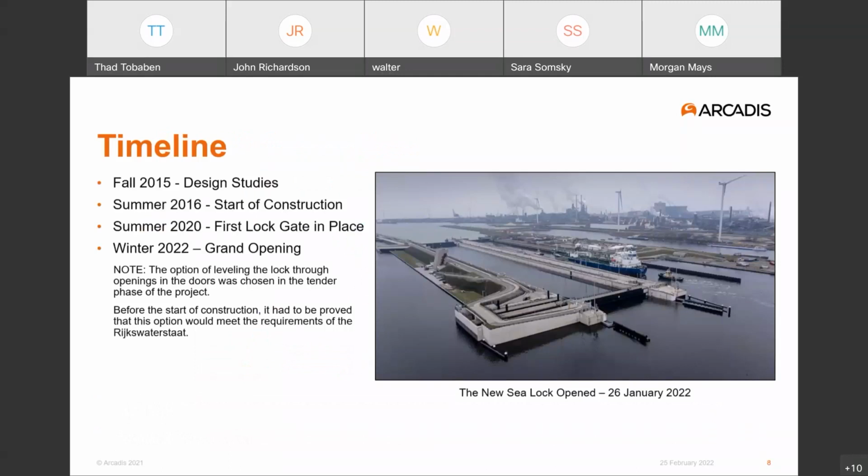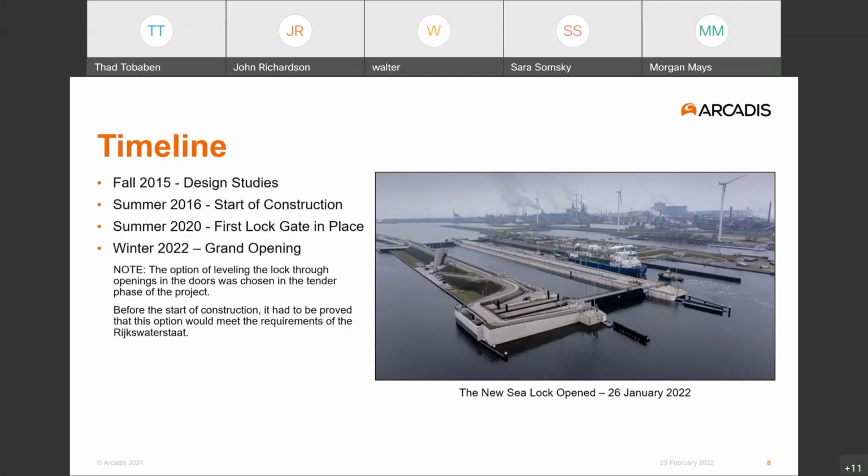The project was started in 2015. At that point, design studies were carried out aimed toward developing a preliminary and eventually a final design for the lock itself.